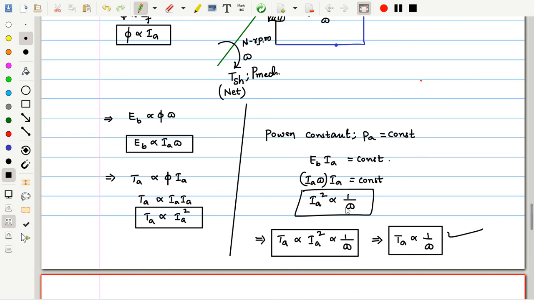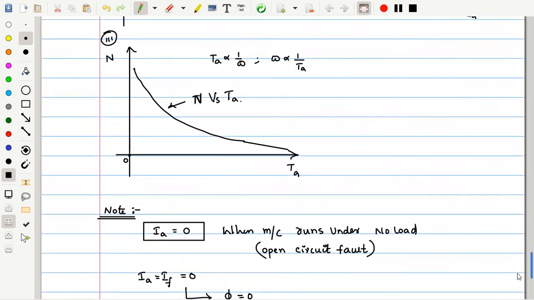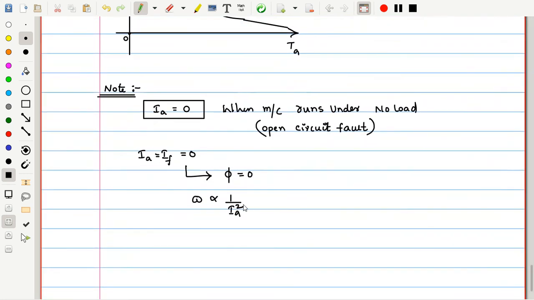Let me write Ia square here also. So here also 1 by Ia square. In that case, if the current is 0, the speed will be infinite.